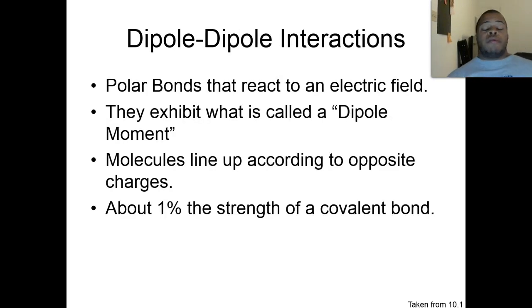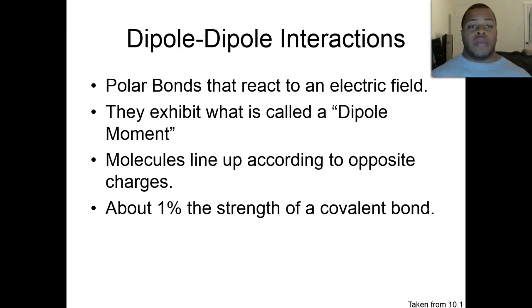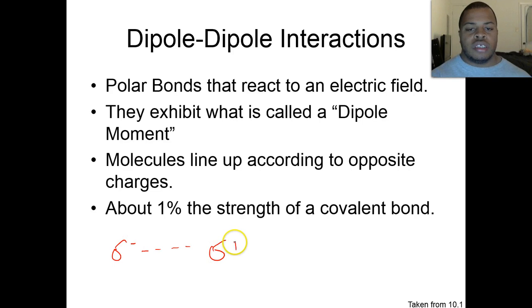Now, the first type of bond that we're going to look at is dipole-dipole interactions. We talked about before a dipole as having two different charges on one compound, usually shown to us by that strange symbol. It looks like this: slightly positive, slightly negative.